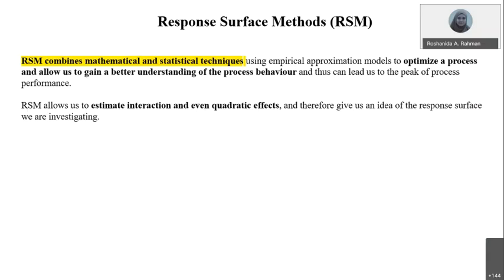So by using RSM, you can also estimate the interaction or the quadratic effects, not only the main factor. The main factor is the factor that you have chosen for your study. If you have 3 factors, for example, and I'm going to use this simple example all the time throughout this sharing session, for example temperature, pH, and time.